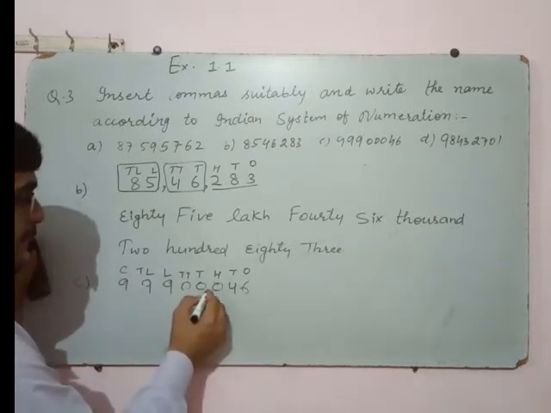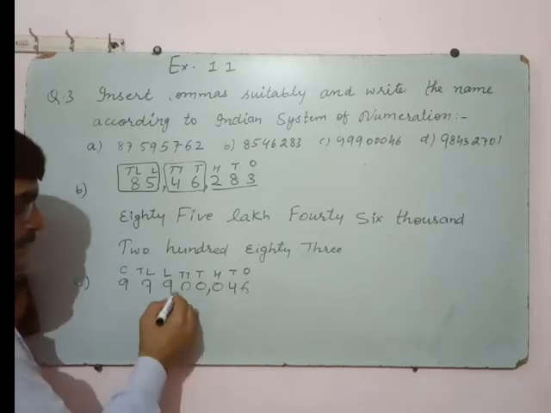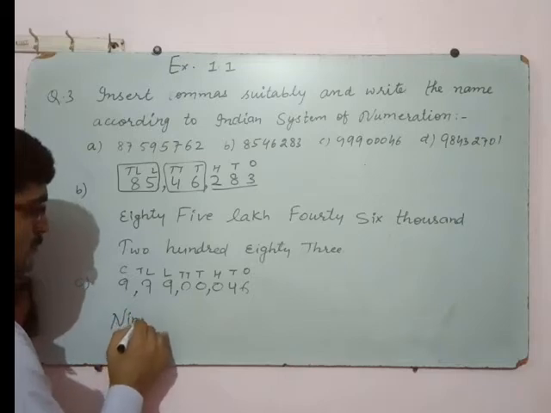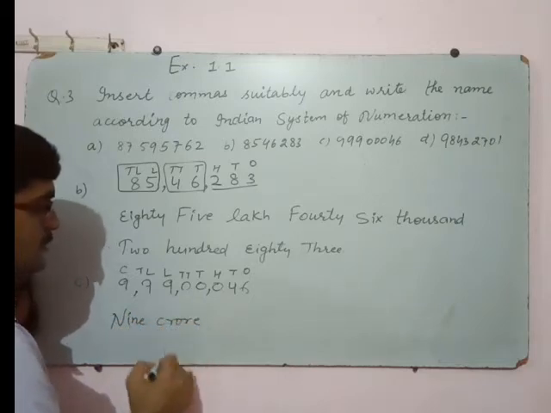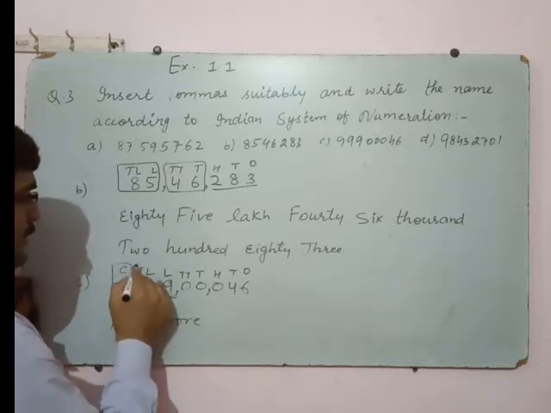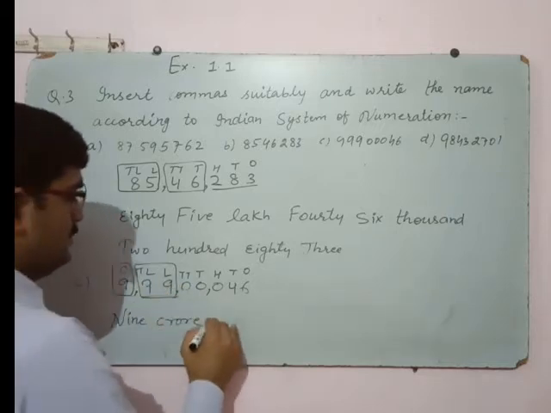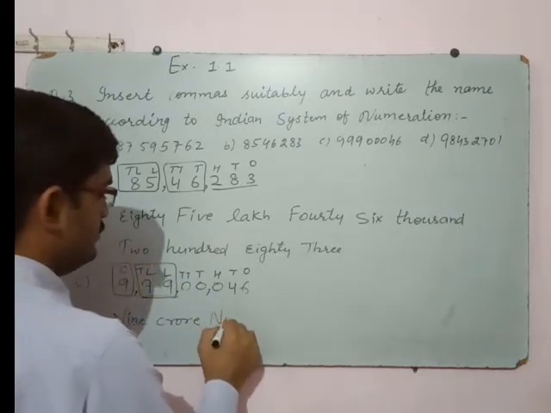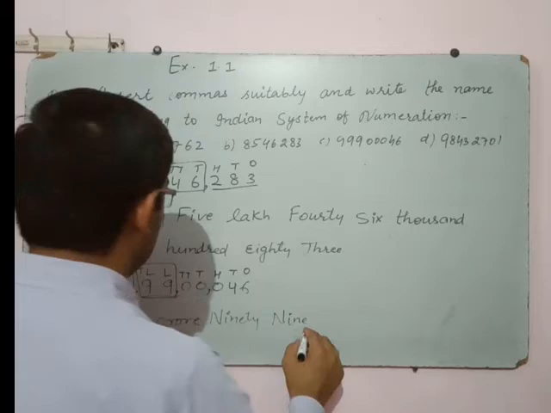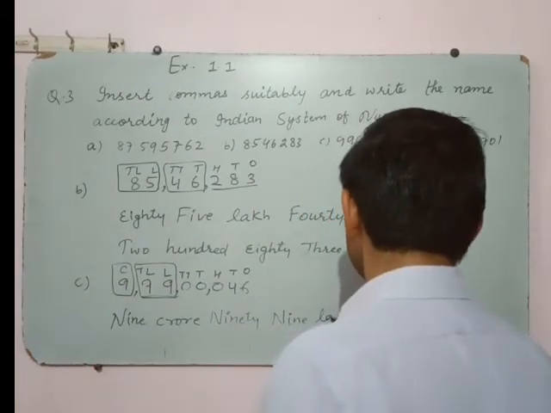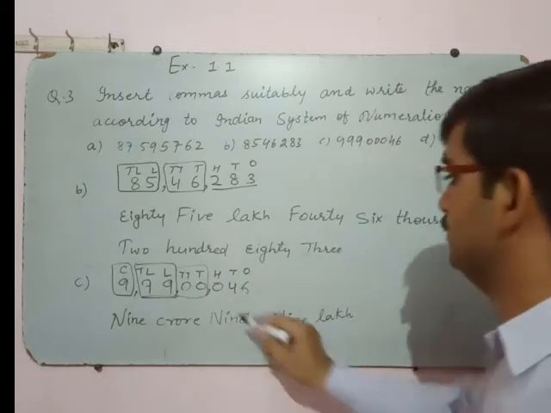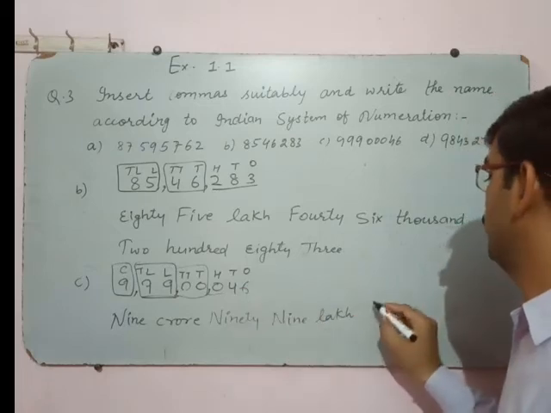Okay, commas on before three places, then two places, then two places. 9 crore, 99 lakh. ये फर्स्ट इज करोड़, देन lakh, 99 lakh, 1000 place is vacant, 00, and that is also vacant, 46.